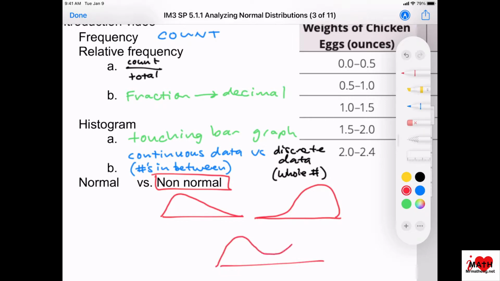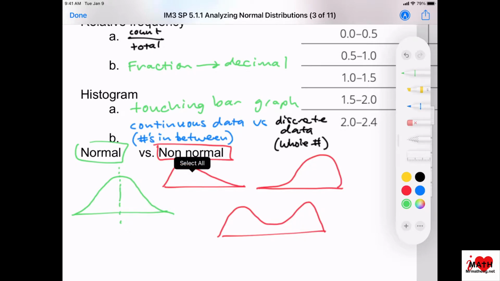They call this one bimodal because there's kind of 2 bumps. But a normal graph looks like a bell, and you can cut it in half. We'll learn later on that this is called bell-shaped, and it is symmetrical. You can cut it in half equally.